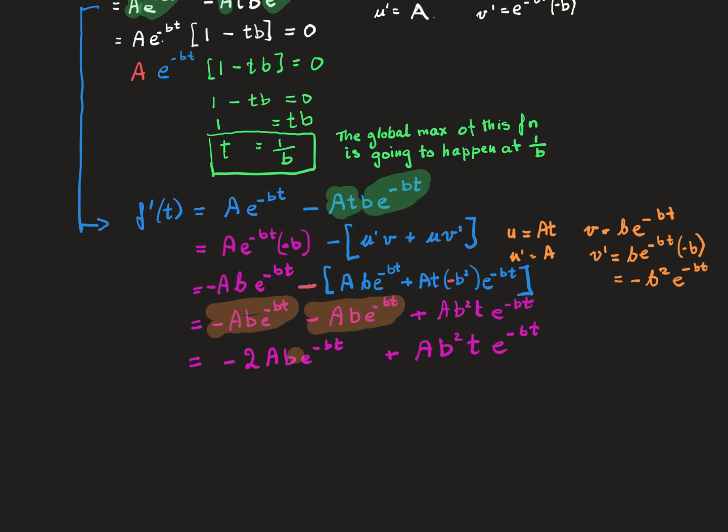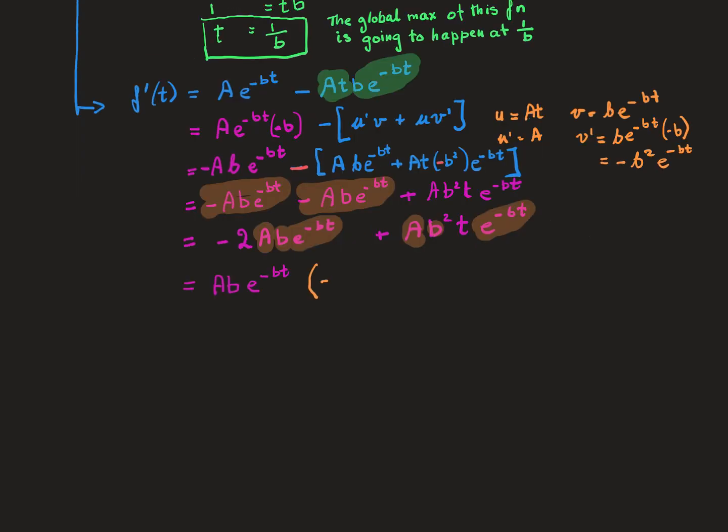And if I remove the e to the minus bt out, as well as the 1 b here and 1 b here, as well as the a and the a in here, I could rewrite, and I'm left with minus 2 plus, there's 1 b left there, t. And once again, we know that a is positive and b is positive as well.